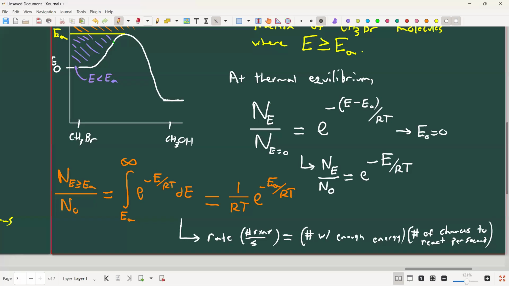Some OH aligns perfectly with the CH3Br, ready to react. So there's some number of those chances, those opportunities for reaction. And then, of course, when that opportunity happens, the molecule has to have enough energy to react. So the number with the right energy times the number of chances gives us the total rate.